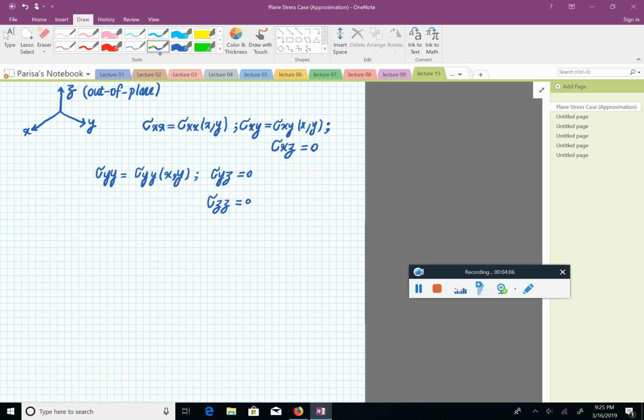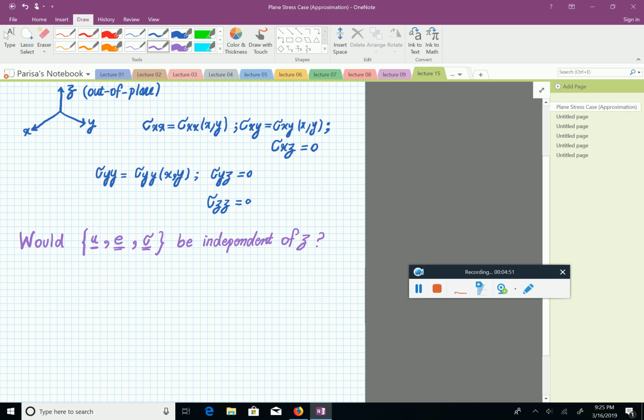So before moving forward, it is interesting to think whether the strain or displacement would be also independent of z. So basically the question we can ask is would the solution, which if you remember has displacement components, a strain tensor and a stress tensor, be independent of z.